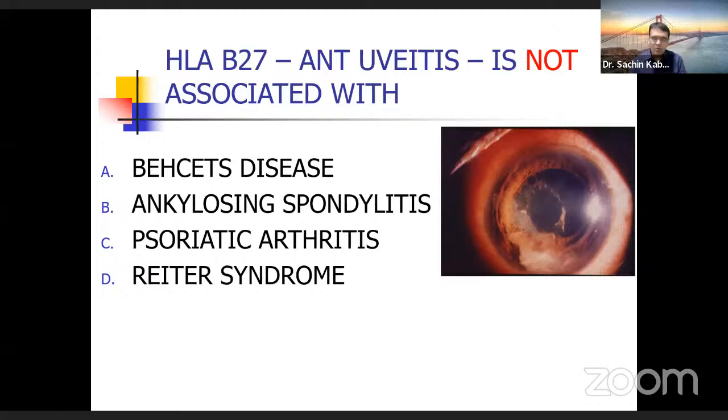So I'm removing one option for your comfort. The time starts now. Okay, the answer is Behçet's disease, which is HLA-B5, not B27.